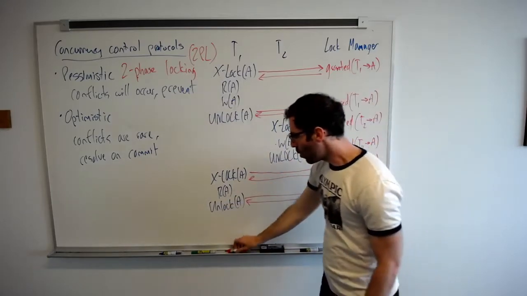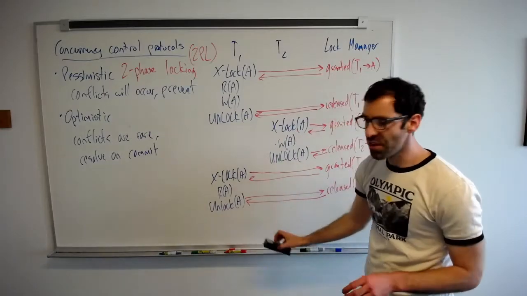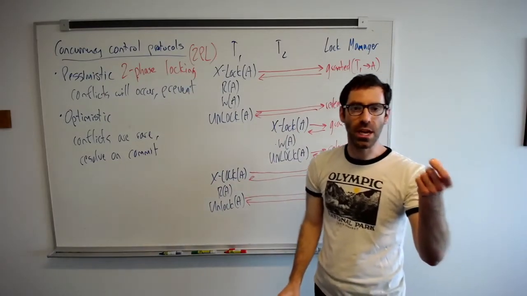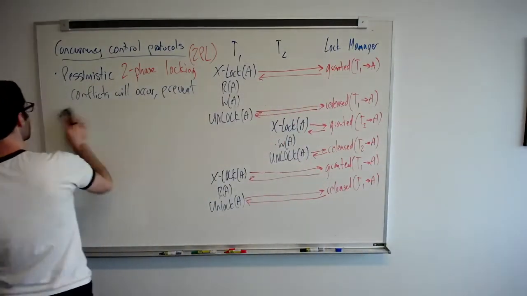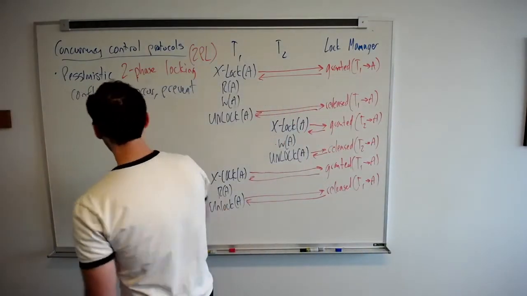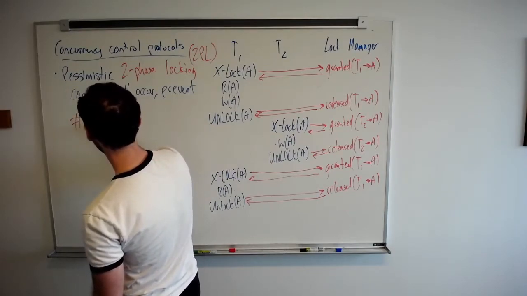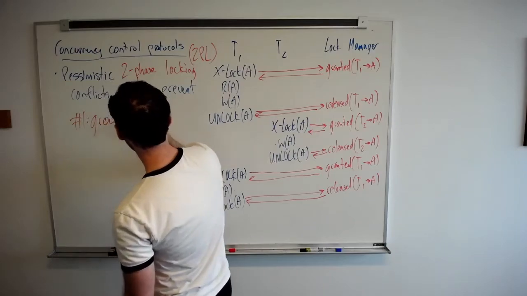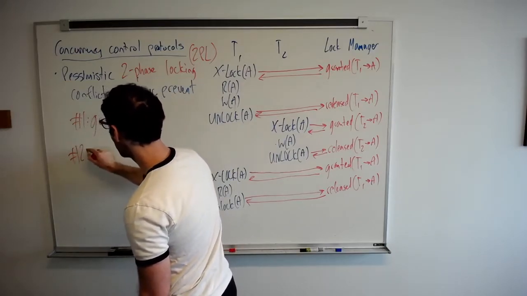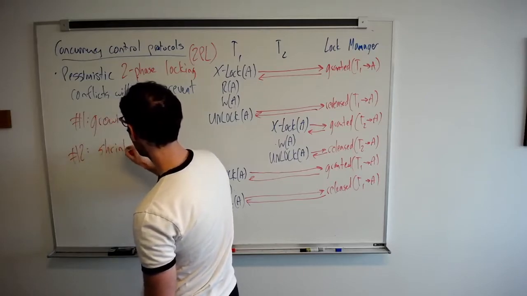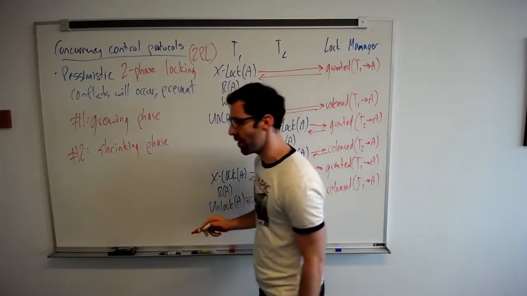And so what we want to do in two-phase locking is say transactions have to obey two phases. They have to have a growing phase and a shrinking phase.